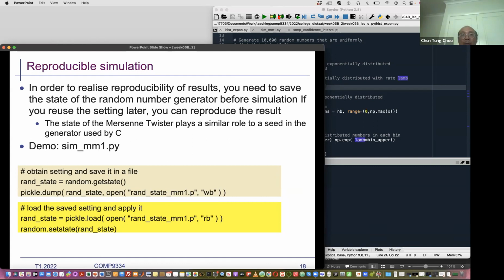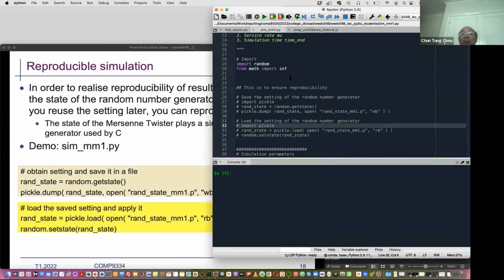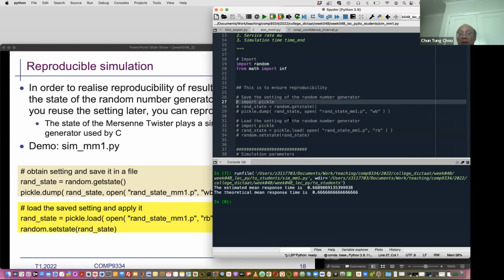So what I will do is take the program CMM1 that I gave you last week. There are a number of lines that I have commented out, but I didn't talk about them last week, so I'm going to talk about them now. First of all, let me run the program a few times.